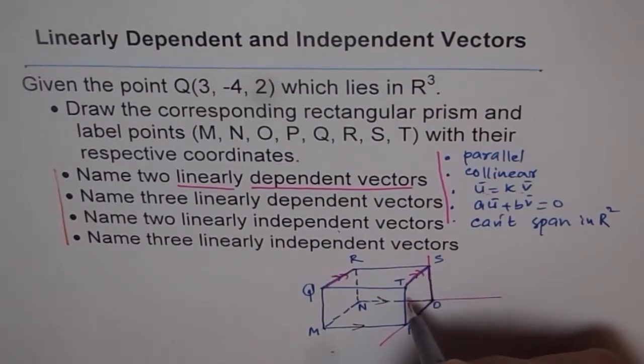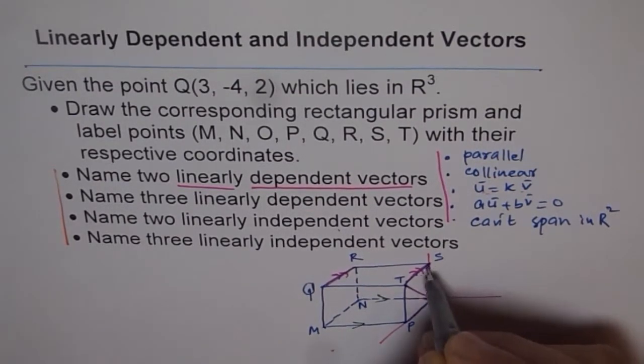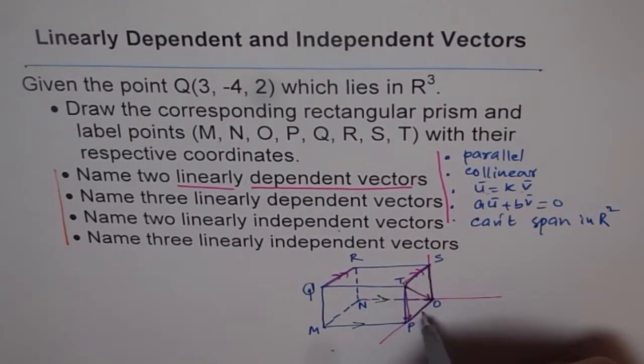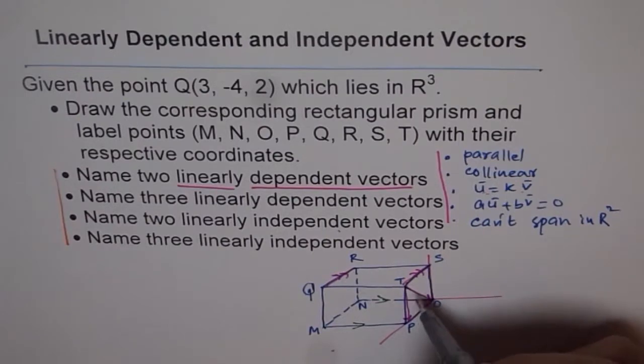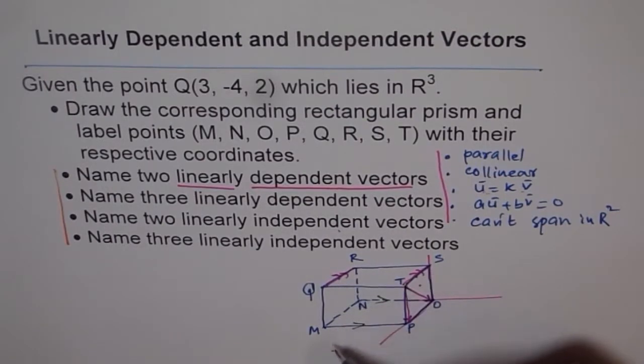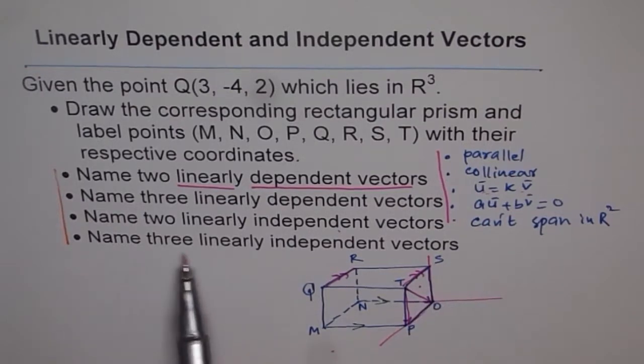Here, for example, I could take this face: one vector like this, one like this, and a third like this. All three vectors are in one plane. The important thing is that these vectors can span this plane, but not R3. That is what three linearly dependent vectors are: they are in the same plane.